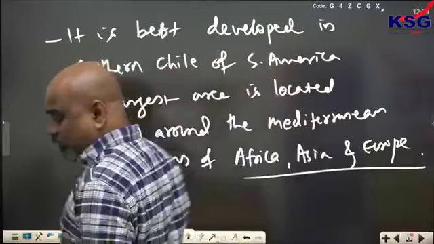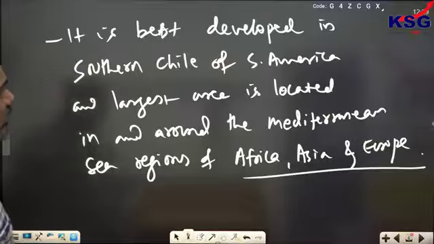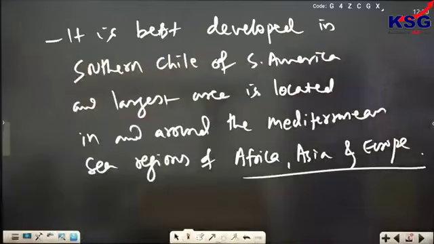This is the region where you have the largest development of this. The largest Mediterranean climate region is in the Mediterranean sea regions only.